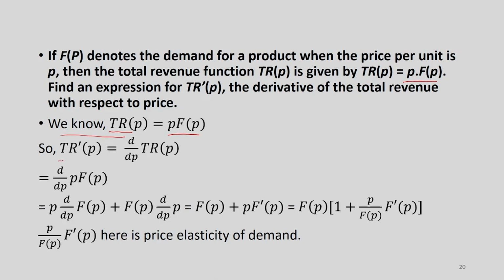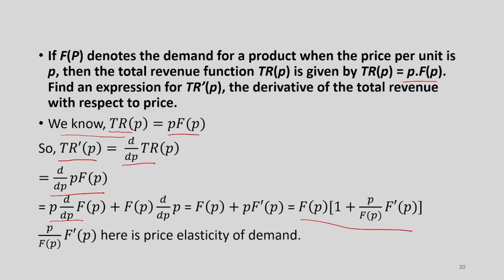Then we took the first derivative of total revenue with respect to price, and this is what we get, d/dp of p multiplied by f(p), and then we use the product rule of differentiation in the next step, and then we get p multiplied by d/dp of f(p) plus f(p) multiplied by dp/dp, and that with some manipulation gives us this expression.